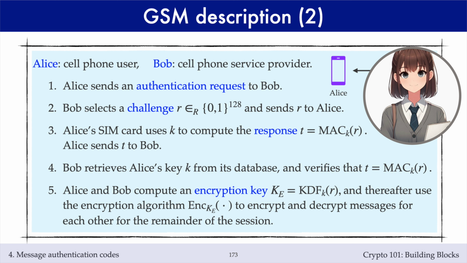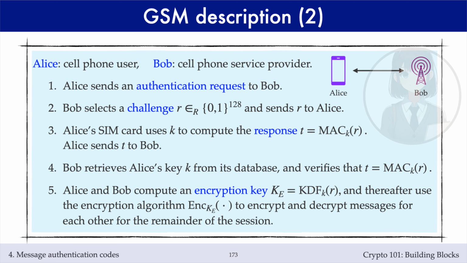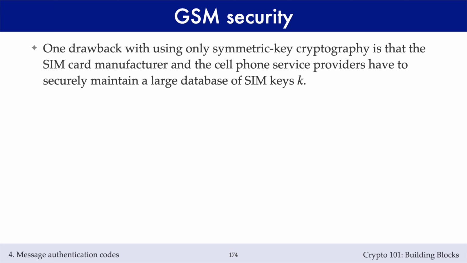The main innovation of GSM is the manner in which cell phone service providers can distribute secret keys securely to millions of their subscribers. And this is done using SIM cards manufactured by companies such as Gemalto. One drawback with using only symmetric key cryptography is that the SIM card manufacturer and the cell phone service providers have to securely maintain a large database of SIM keys.